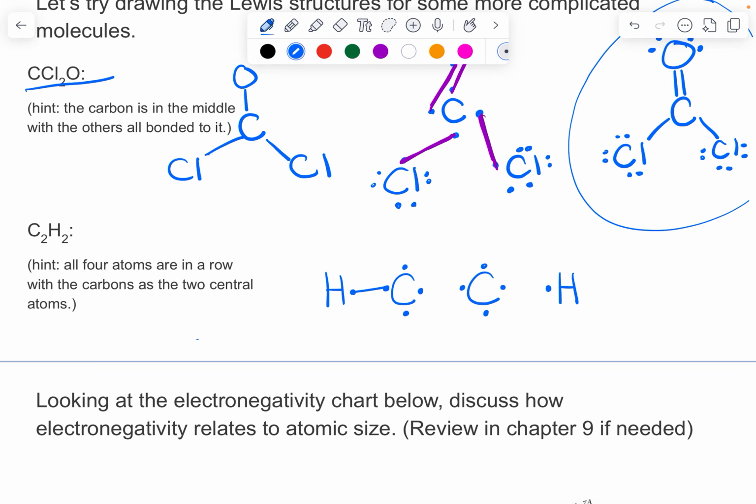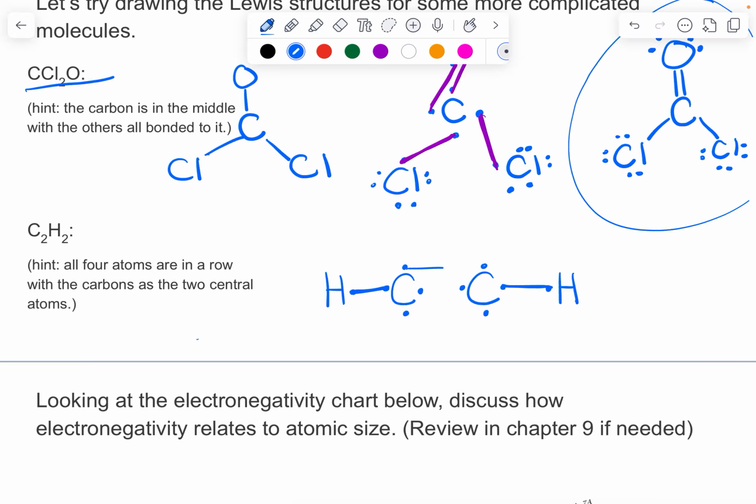Okay, so the hydrogen's going to pair with the carbon on each side. And now the only thing I can do is bond those carbons to each other. And they already have 1 bond. They typically need 4 total. And it has 3 unpaired electrons on each atom.